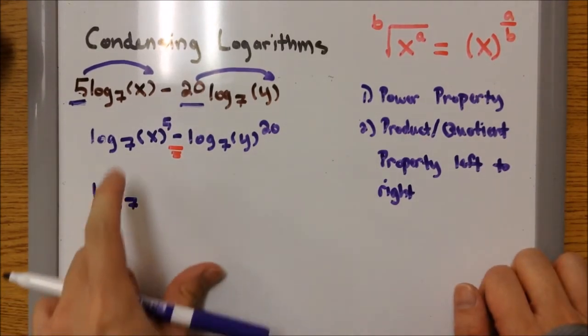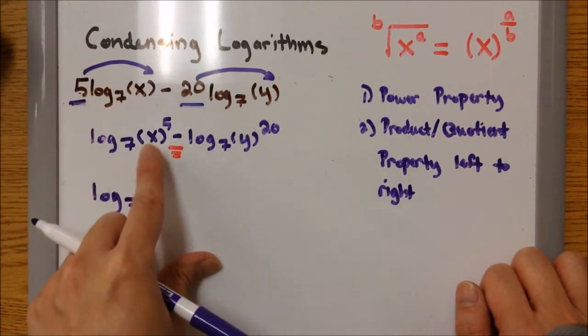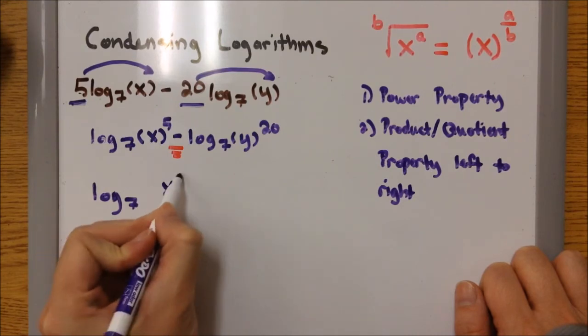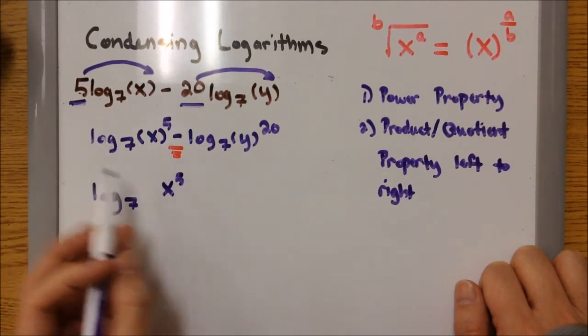Now, what comes first from the left side? From the left side, this came first, so x to the 5th power. So I'm going to write it as a numerator, x to the 5th power, and I don't need a parenthesis because it's just x by itself.